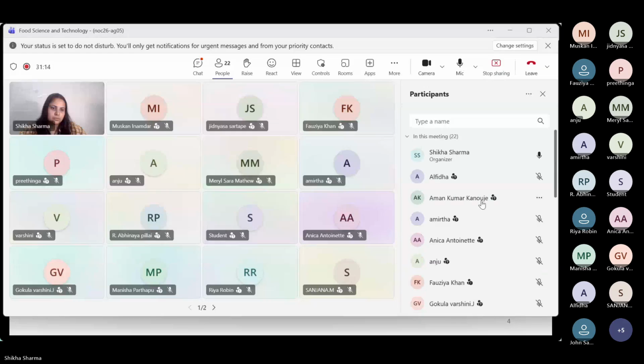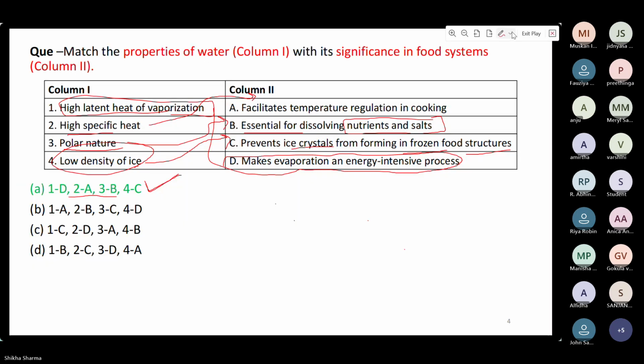Okay, we are moving to the next question.